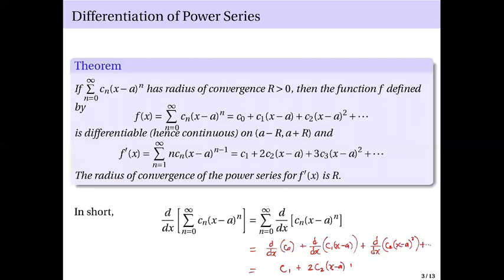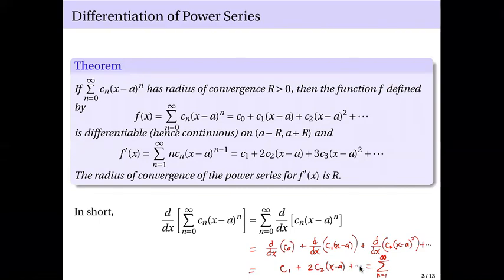Plus, if you continue with this, you will be able to rewrite this as a sum as follows. Notice we now have n starting from 1, so n equals 1 up to plus infinity. When n equals 2, you have 2 c2 (x minus a) raised to 1.